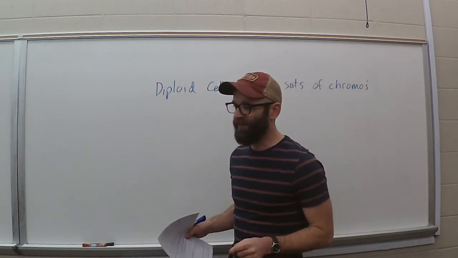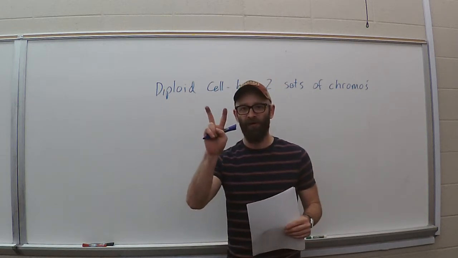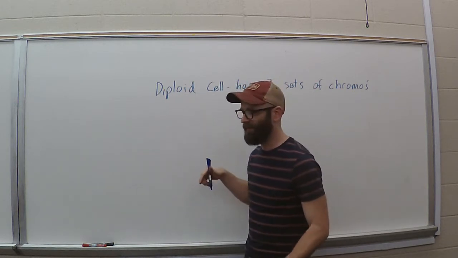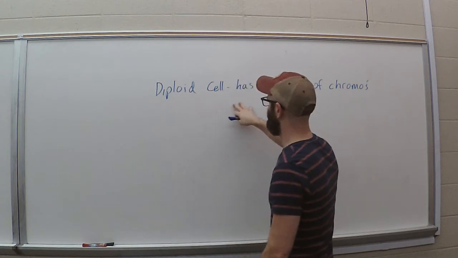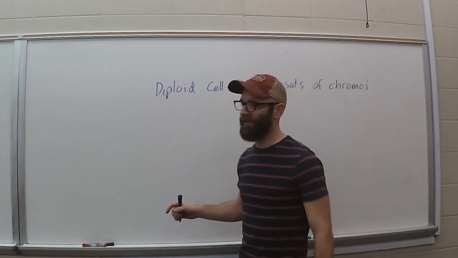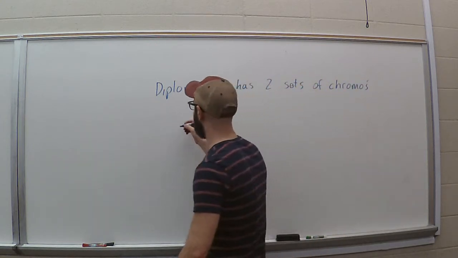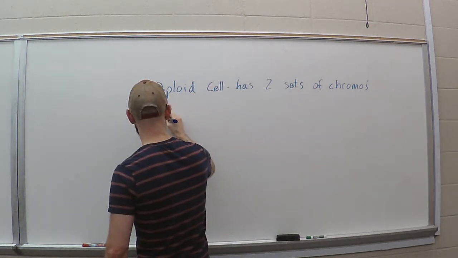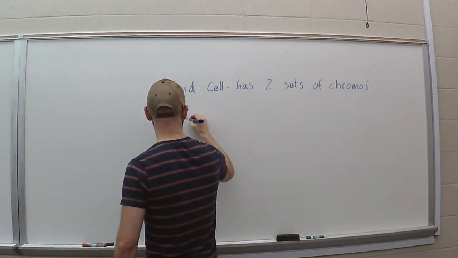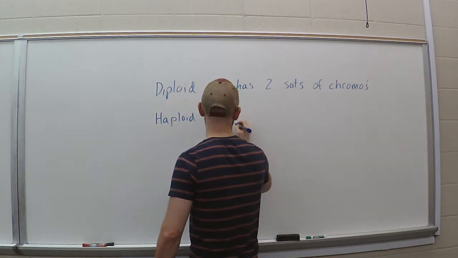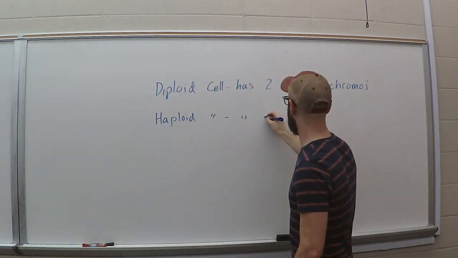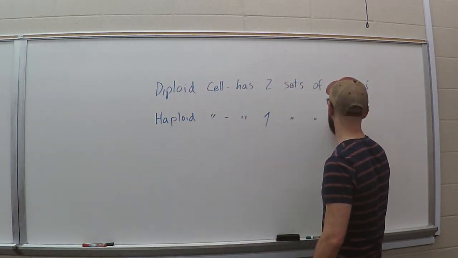So if a cell has 2 of each set, then it's a diploid cell. If you only have 1 set of chromosomes, then you're looking at a haploid cell, which only has 1 set of chromosomes.